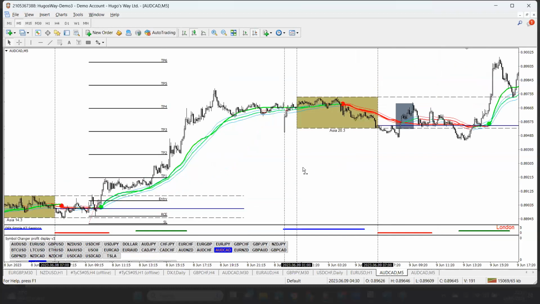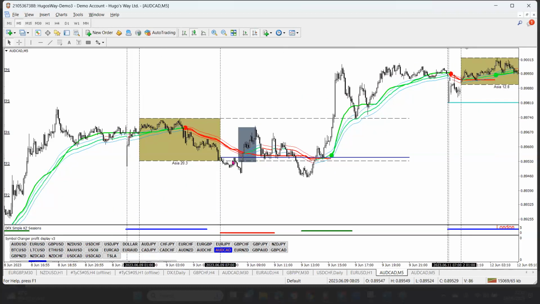Again, that is done. On this particular day, price below the value line broke above. You initiated a trade somewhere here.